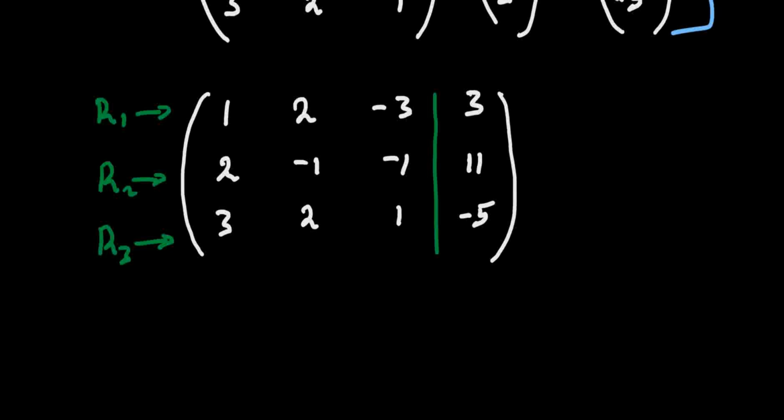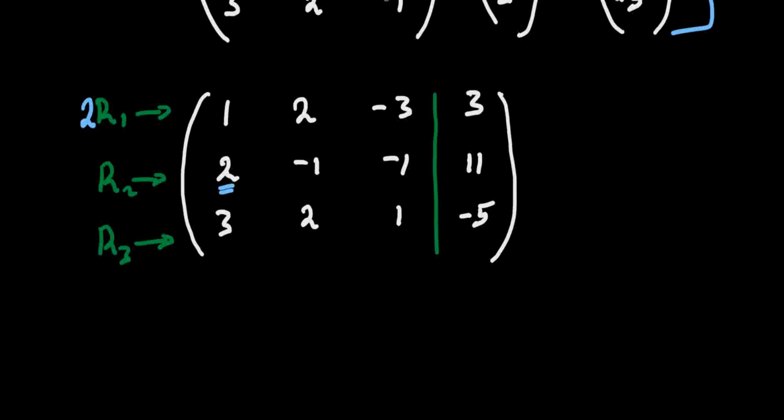Okay, so to change this value to 0, simply we can multiply row 1 by the same number. So multiply this row 1 by 2. Once you have done that, subtract row 1 from row 2.